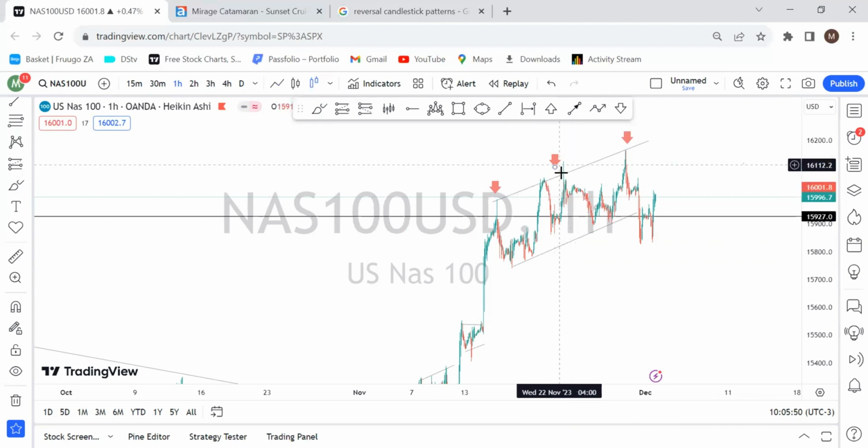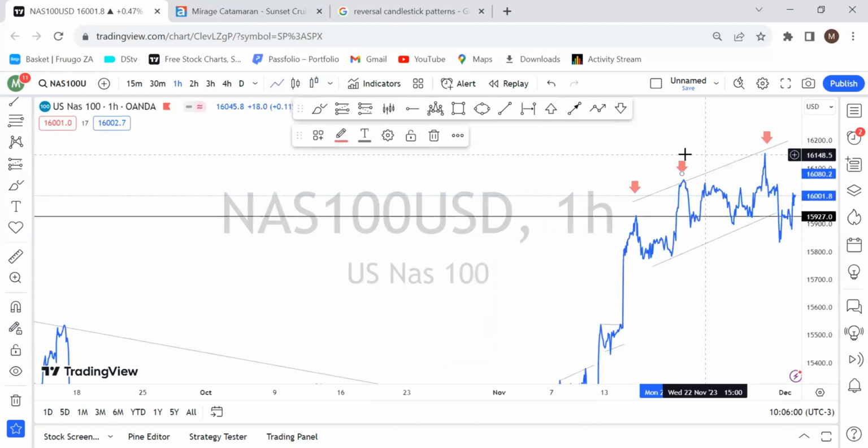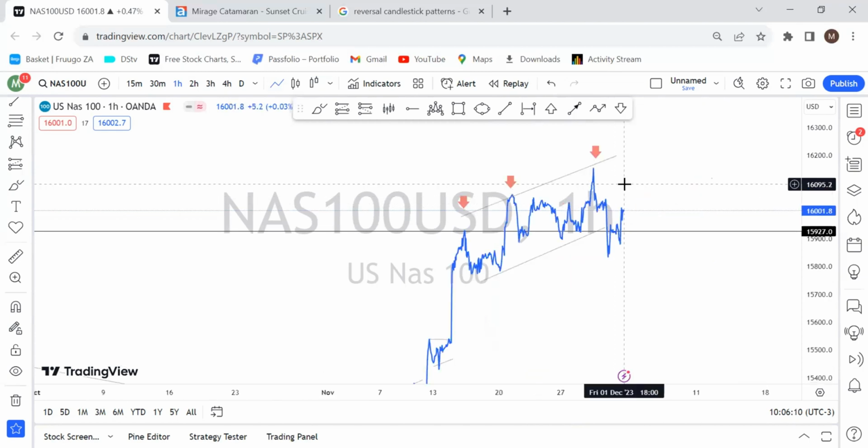So in order for us to eliminate this touch right here, let me just highlight it, this one by this wick, we would use the line graph, and the line graph would totally erase it. As you can see, the price actually ended way below this point even. So use all these tools for you to make sure you see the real thing happening.